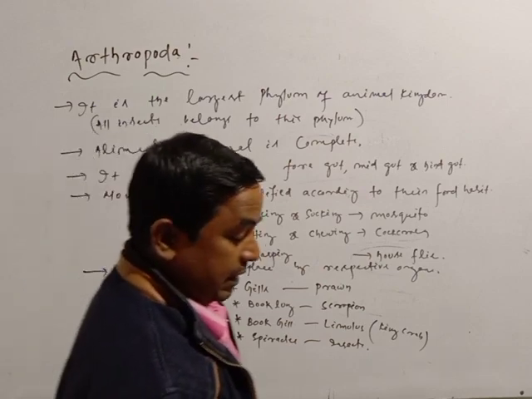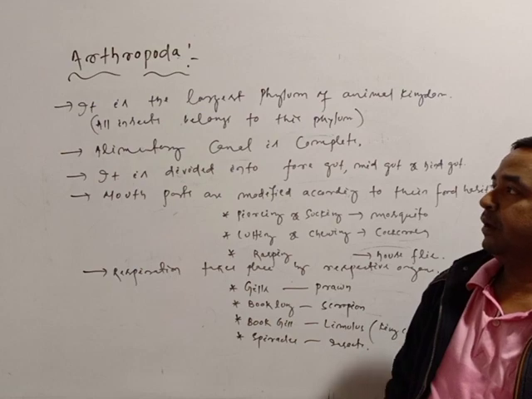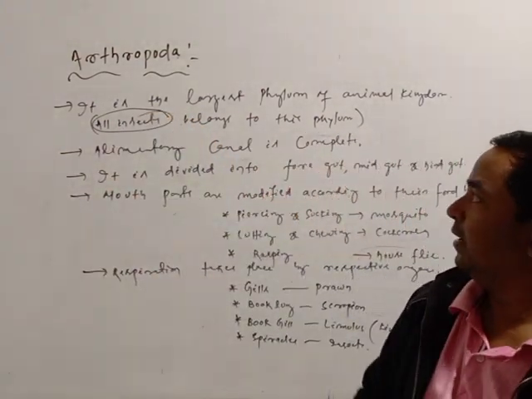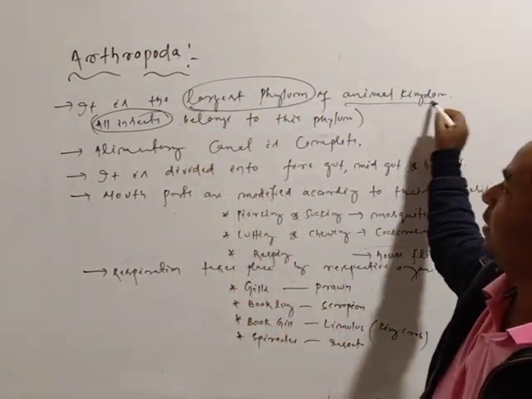See, as arthropods contain all insects, that's why it is the largest phylum of the animal kingdom.